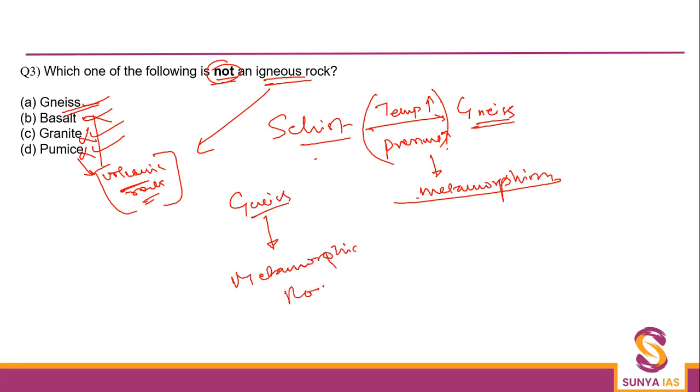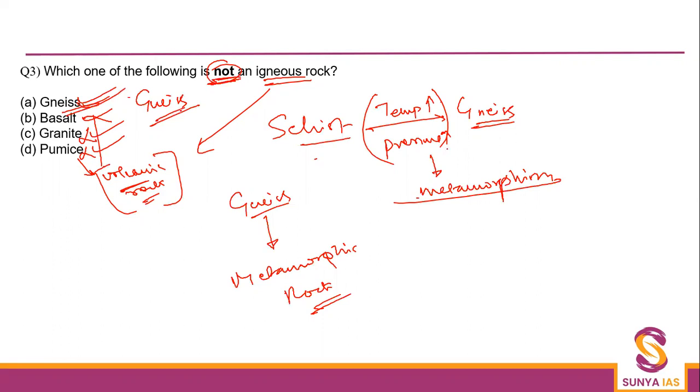It is not an igneous rock. Here the question is asking for the one that is not igneous. The correct option would be A, that is gneiss. This is your correct option.